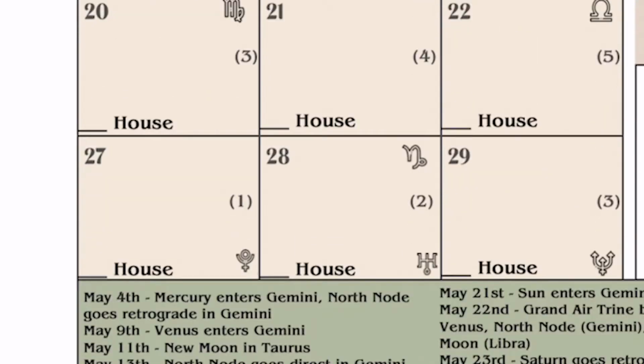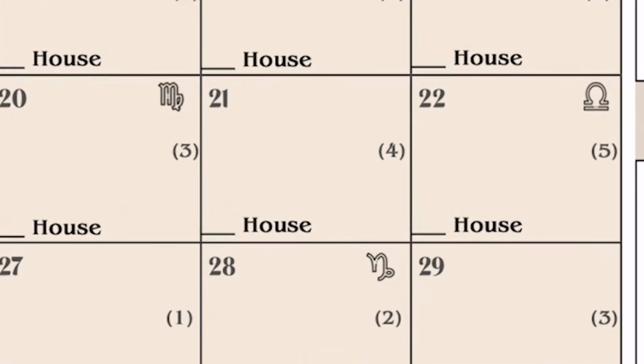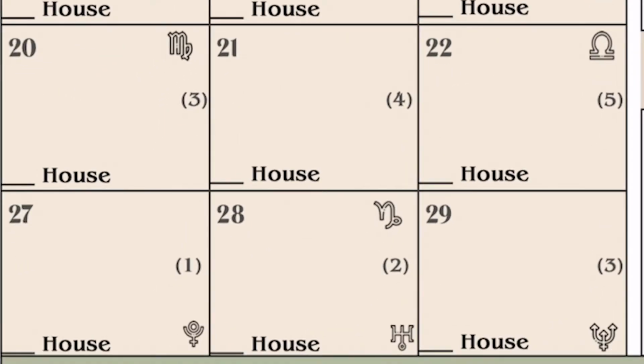Also, I forgot to mention that on the bottom, I also have a space. Of course, we have the days of the week, and each planet has a day, and then we have the sun and the moon. But there's also the outer planets to account for, such as Neptune, Pluto, and Uranus.